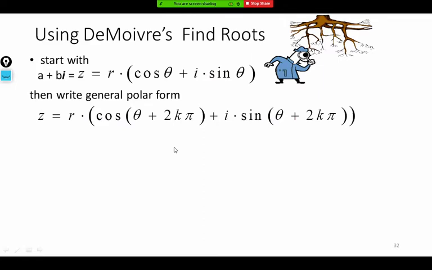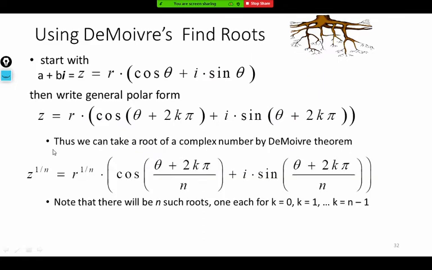After that, we are going to take nth root on both sides. And if we take nth root on both sides there, we get, by De Moivre's theorem, z raised to 1 by n is equal to r raised to 1 by n into cos of (theta plus 2k pi) upon n plus i times sine of (theta plus 2k pi) upon n.